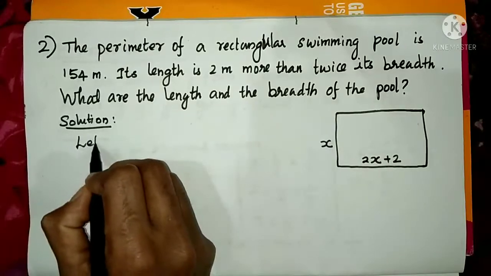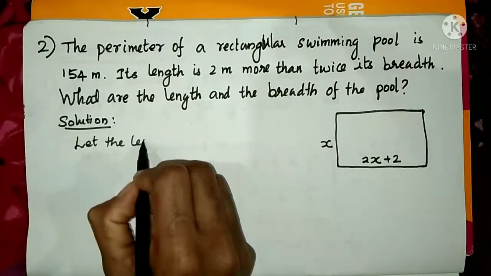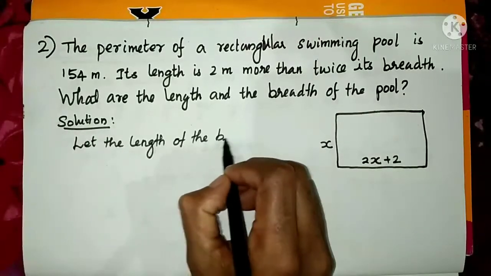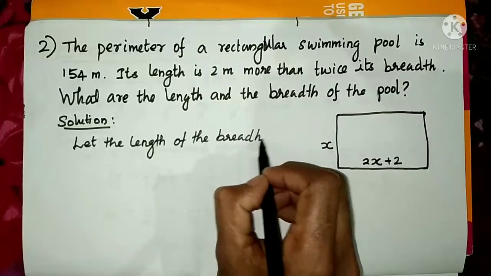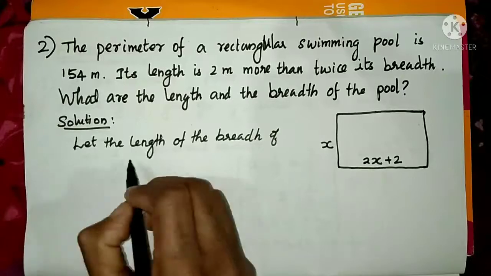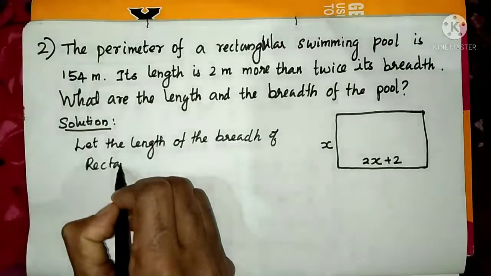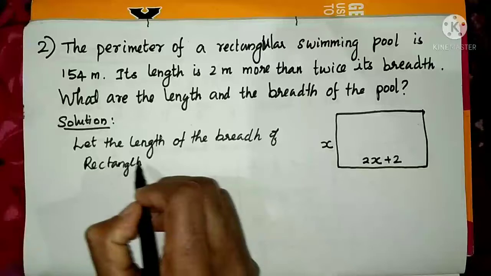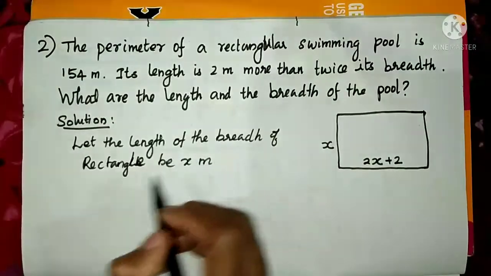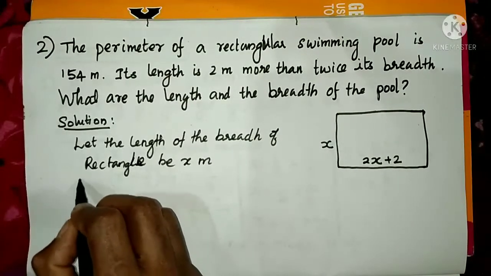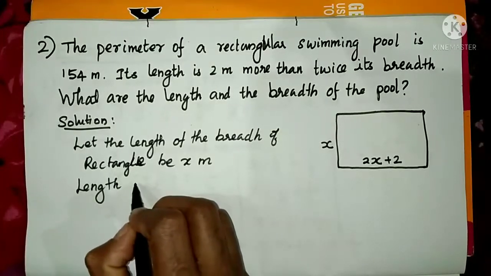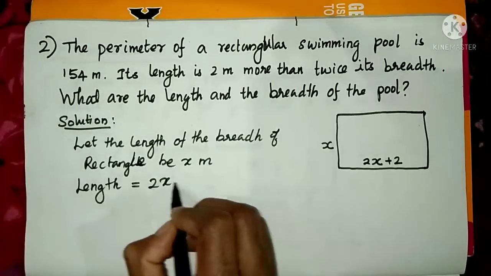We can write, let the breadth of the rectangle be x meters. So we can write length is equal to 2x + 2.